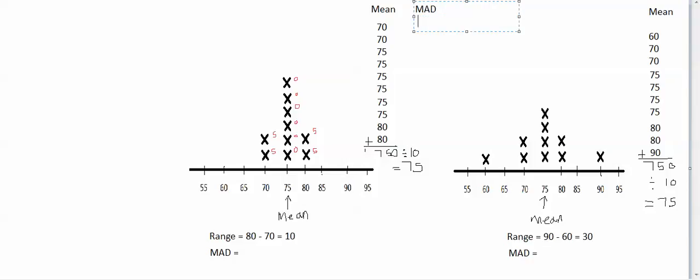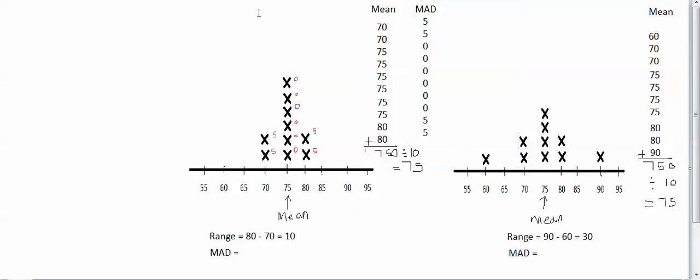The distances are 5, 5, 0, there's 6 zeros, 1, 2, 3, 4, 5, 6, and 2 more 5s because of the 80s.